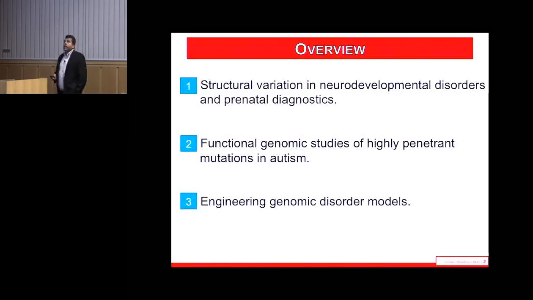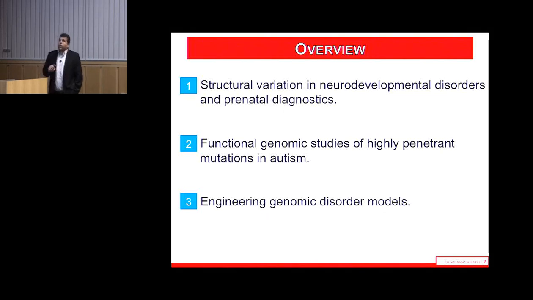But I thought I would talk about three things, starting with the work that we've been doing for a long time on structural variation in neurodevelopmental disorders, and just a short note on what we've been doing in prenatal diagnostics. Then really talk about some of the more recent studies that we've been doing in functional genomic studies of highly penetrant mutations in autism.